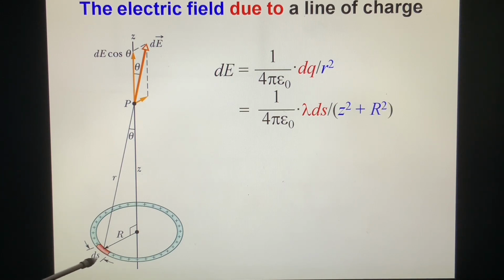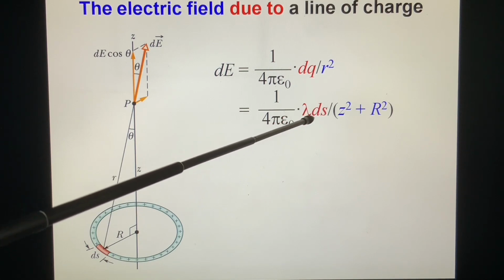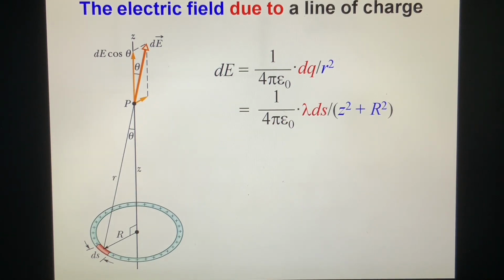And dq equals ds multiplied by the charge density rho. The rho equals the whole charge Q divided by its length 2 pi R.